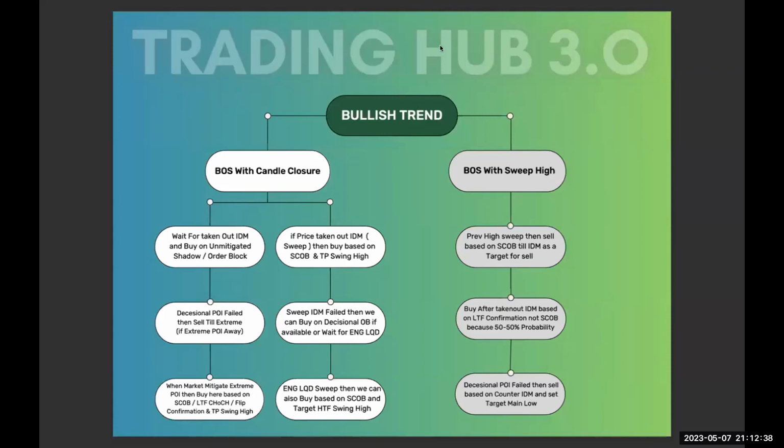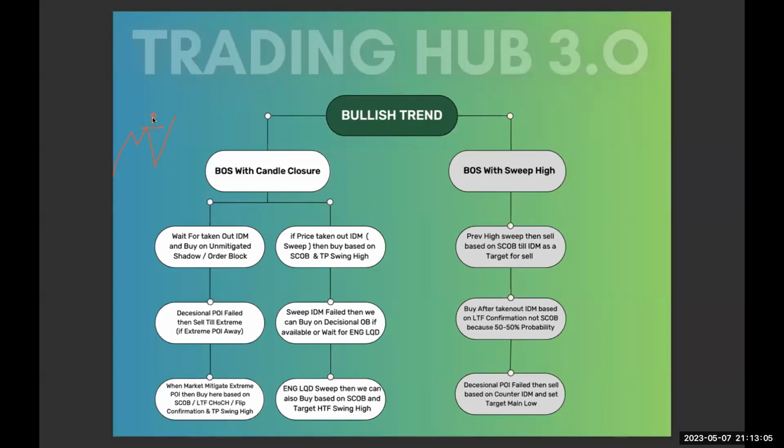This is our bullish trend, and this is a bullish trading plan diagram, showing how you can deal in different situations. First thing is when the market is bullish and everyone is looking for the buy, and this one is our break of structure.